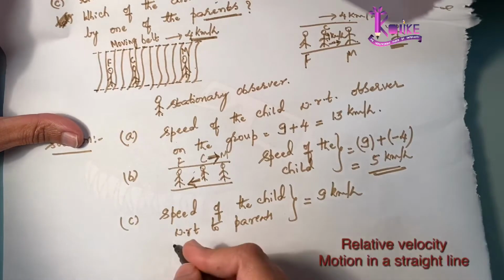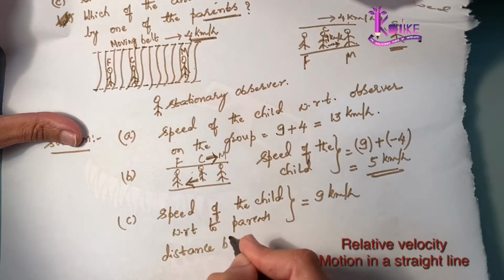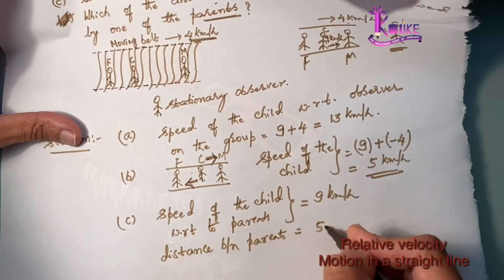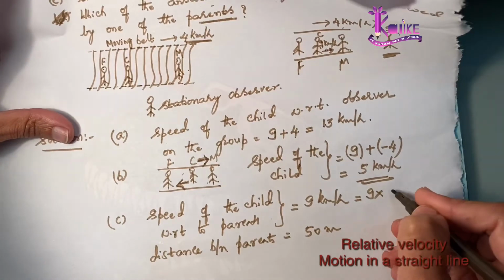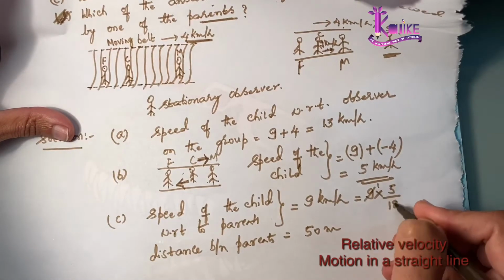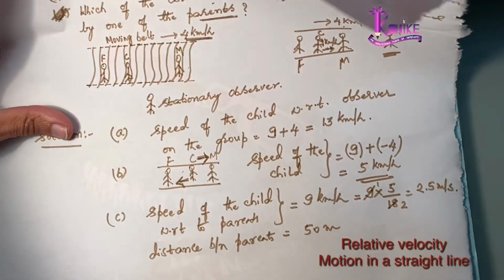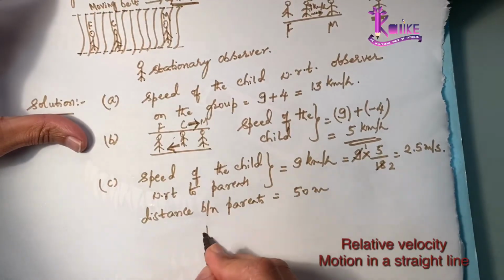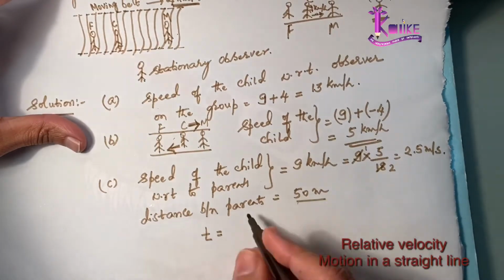The distance between the parents is 50 meters, right? So this is in meters, and this is in kilometers per hour. Therefore, I will convert this into meters per second. To convert it into meters per second, you have to multiply by 5 by 18. So 9 ones are 9, twos are 5 by 2, that is 2.5 meters per second, right? So you can easily calculate the time taken by the child according to the parents to cover a distance of 50 meters.